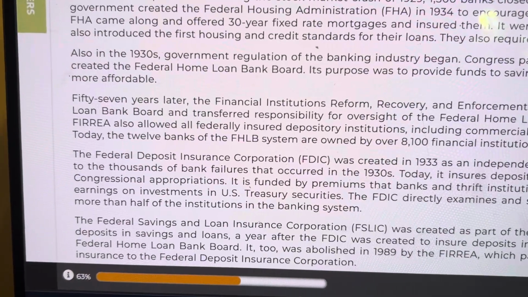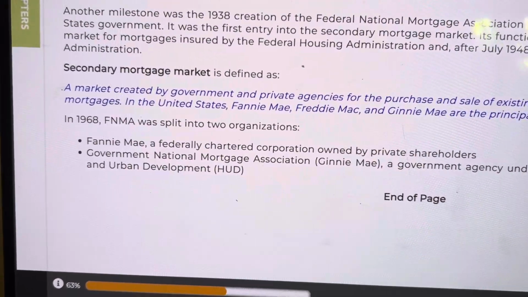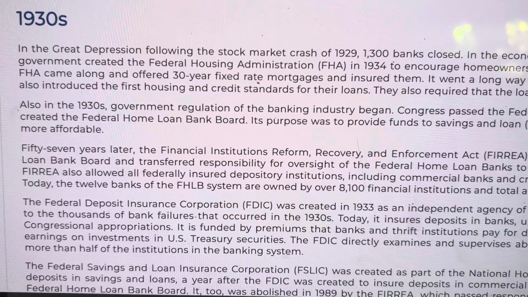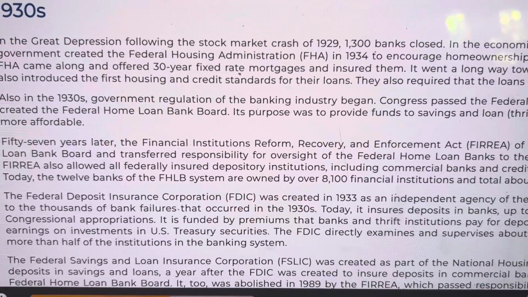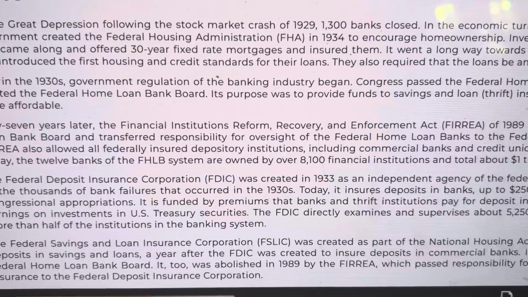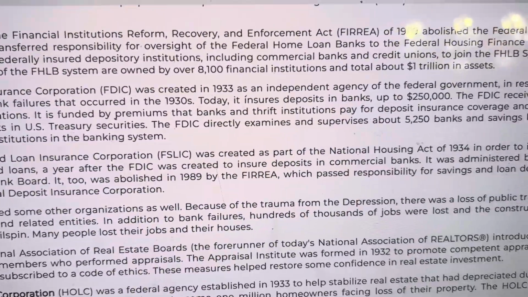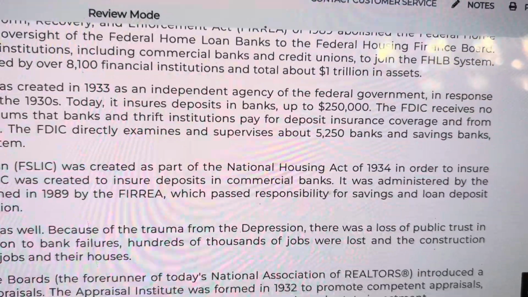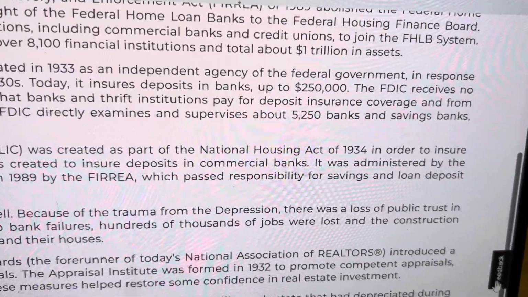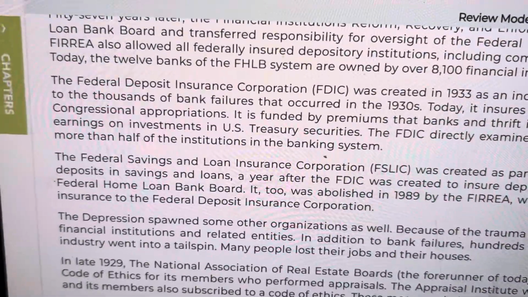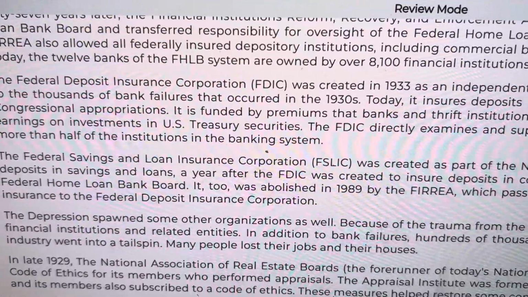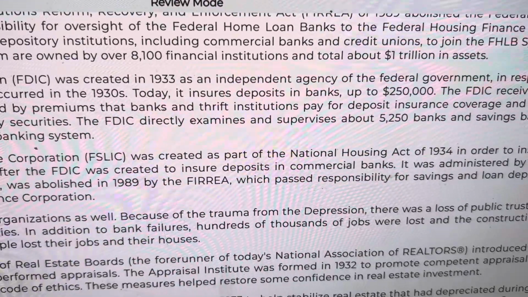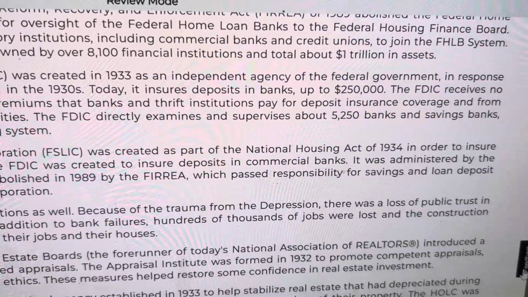FIRREA also allowed all federally insured depository institutions, including commercial banks and credit unions, to join the FHLB system. Today, the 12 banks of the FHLB system are owned by over 8,100 financial institutions and total about $1 trillion in assets.